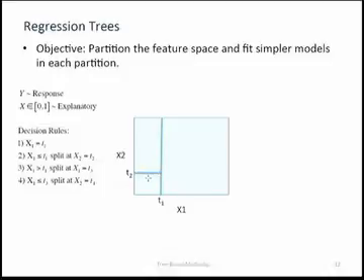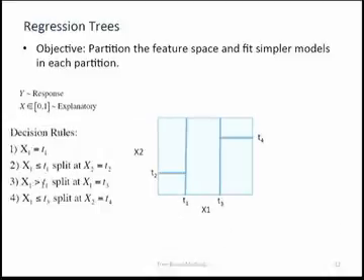When x1 is greater than t1, we're going to split at what we call t3, okay? And we're going to split again at a t4, okay? So that's what that would look like. So actually, what you're going to have to do in your homework is to be able to interpret these rules. Of course, in this particular case, it's easy to visualize, but in general, you're not going to be able to draw that. So that always causes mass confusion, okay?